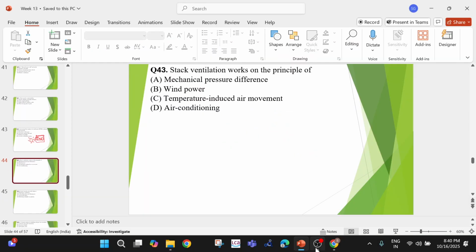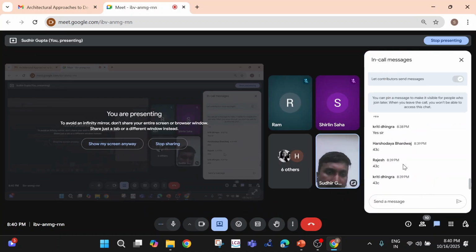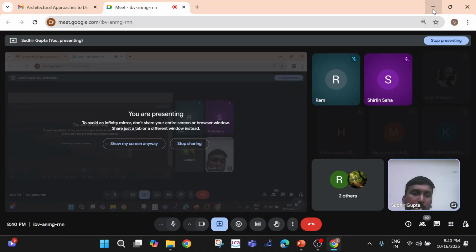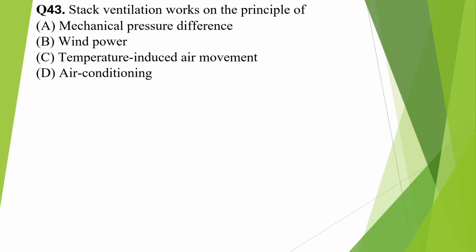So I hope most of you have already answered. So we will be proceeding to the next question. Only 3 of you know the answer for this particular question. I can see 43C has been marked by most of you. Yeah. So most of you are correct.